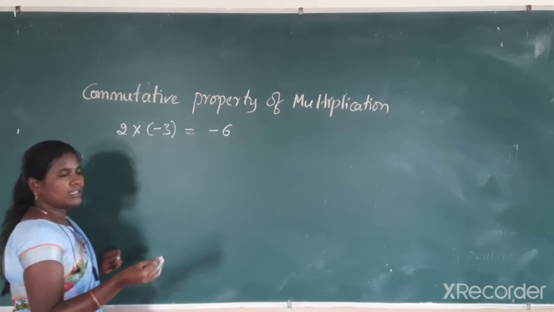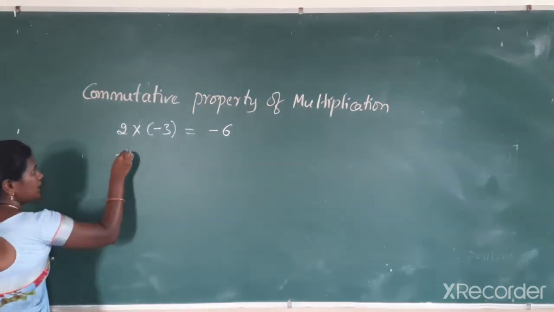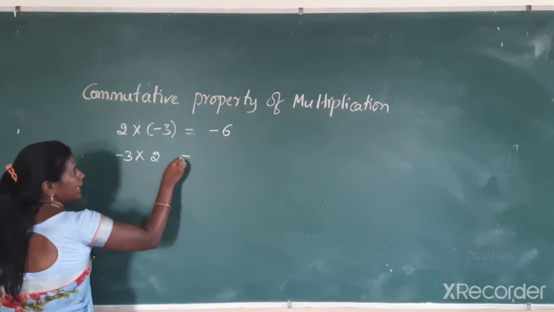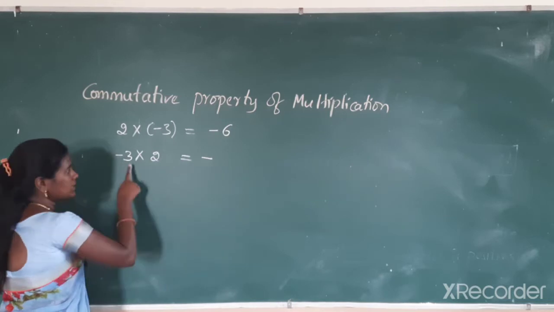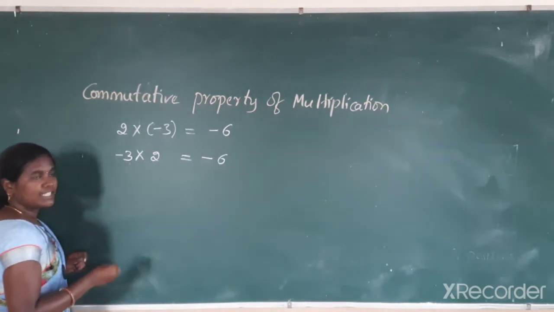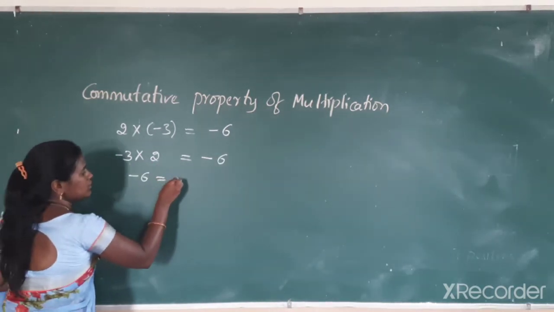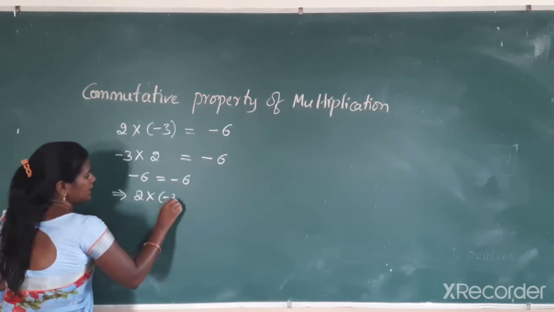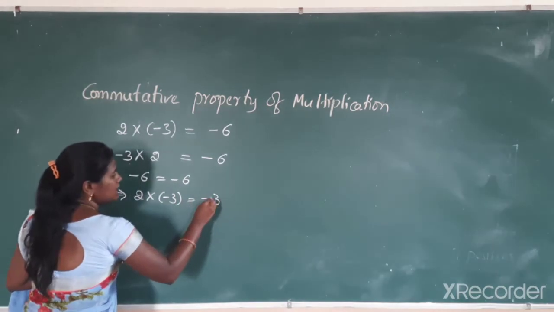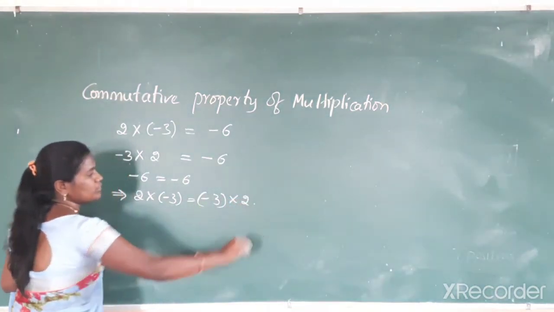Now let me take b into a. Minus into plus is minus, 3 twos are 6. It is clear that minus 6 is equal to minus 6. That implies 2 into minus 3 is equal to minus 3 into 2.